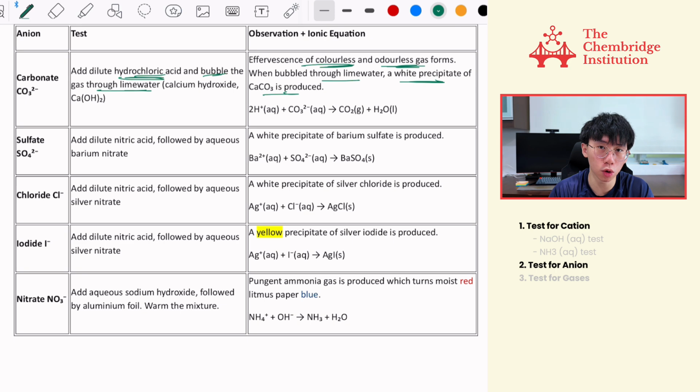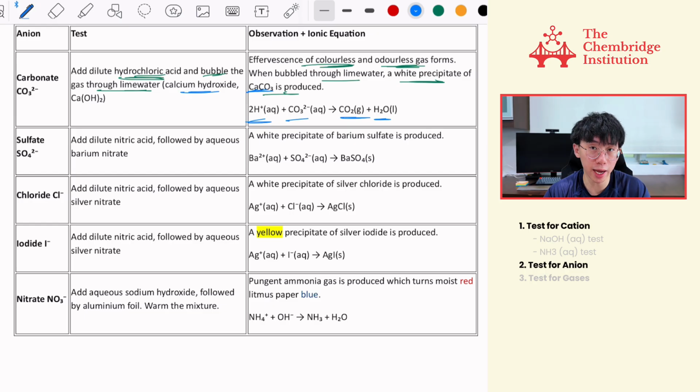You have to know what lime water is. Lime water is calcium hydroxide, and the white precipitate formed when carbon dioxide is bubbled through lime water is actually calcium carbonate. You must also know the ionic equations for such reactions. When acid reacts with a carbonate, in general, it's just H plus reacting with CO3 2 minus if it's a soluble carbonate, and it will give you carbon dioxide gas and water.